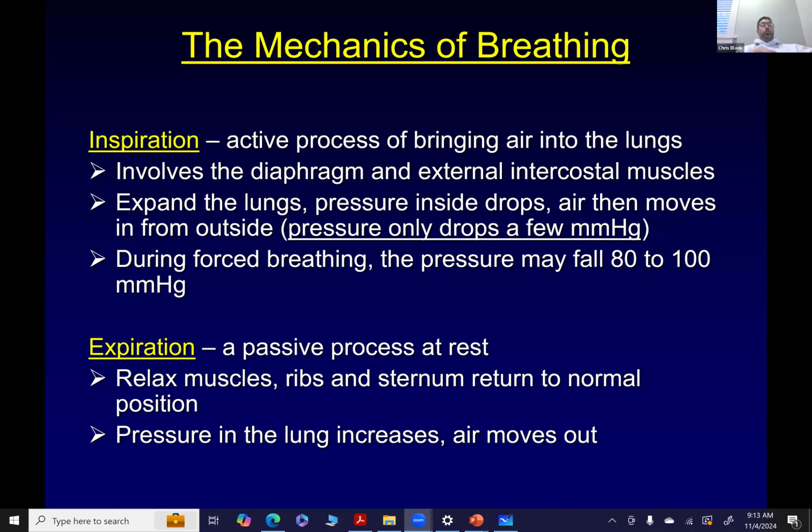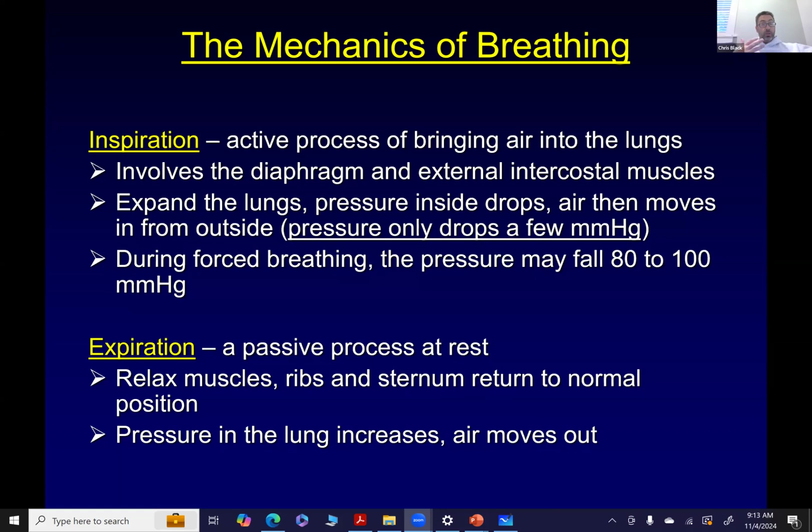So when you stand up straight, it's easier to breathe because it helps to lower the pressure. Anytime you've done any sort of exercise and you're having a hard time catching your breath and they ask you to stand up and put your hands up on your head, they're trying to get you to open up that airway and the chest cavity to lower pressure. All air is going to move in and out of the lungs via pressure gradients.